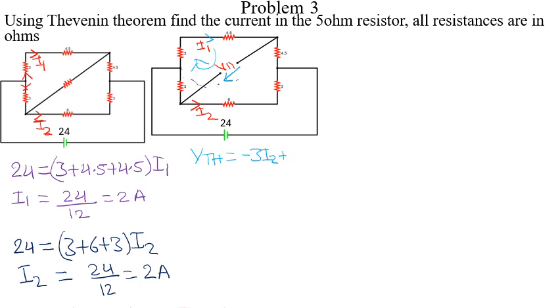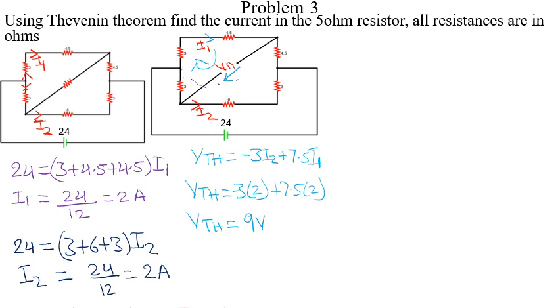So it becomes plus, let's just add, because this 3 and this 4.5 are in series, so that becomes 7.5 I1. So that becomes our equation for VTH. So VTH is now equals to minus 3 times 2 plus 7.5 times 2. Then we finally get our VTH as 9 volts.